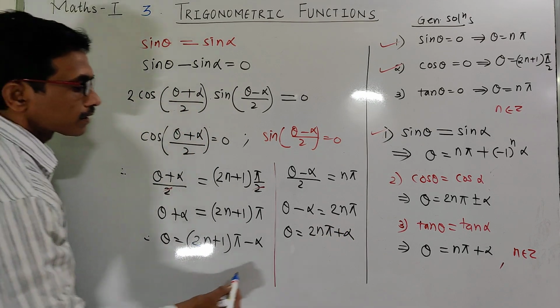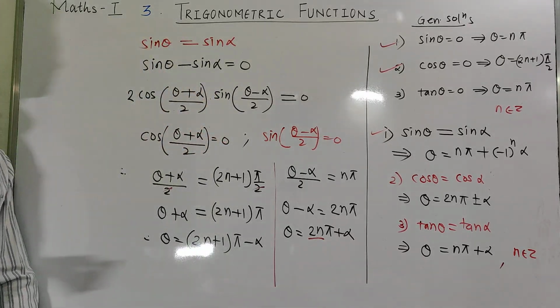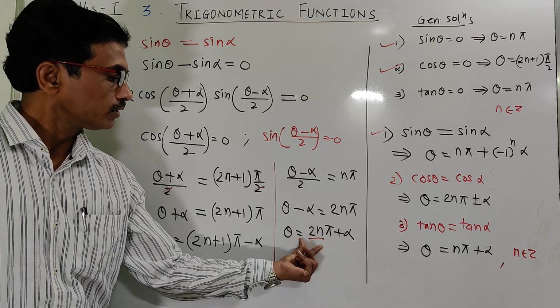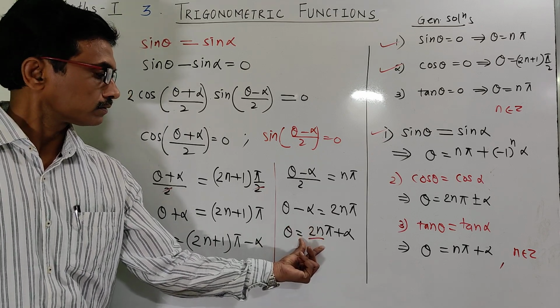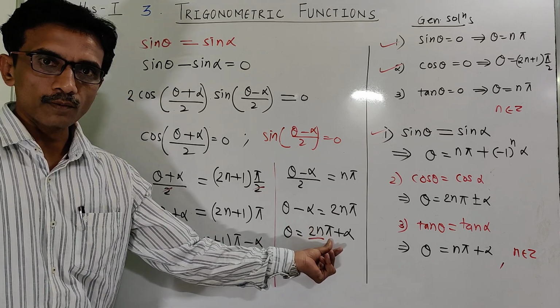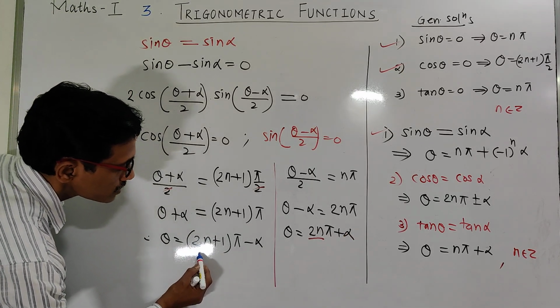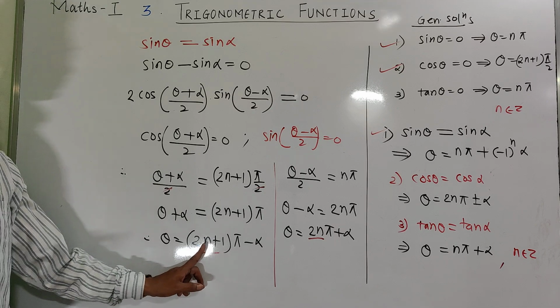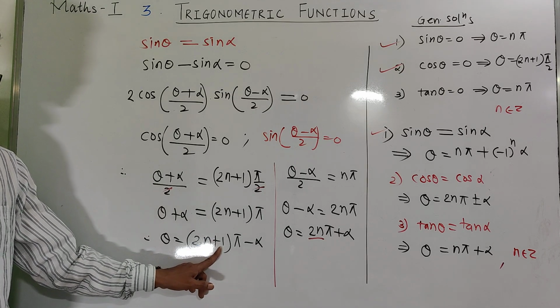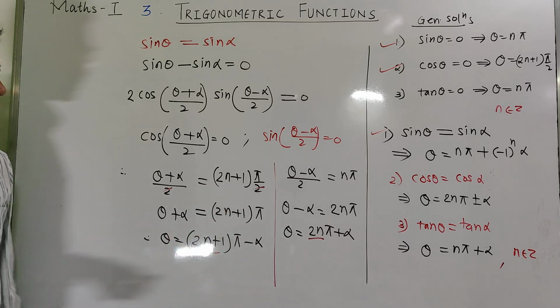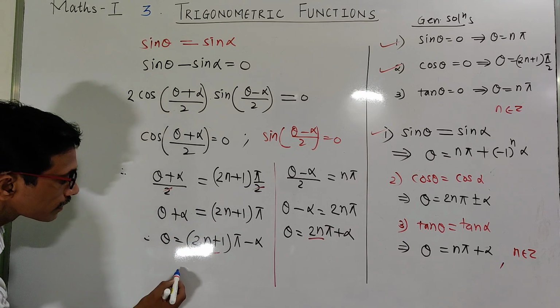You can observe here, n is an integer, so 2n is what? Even. N is an integer, 2 into n is an even multiple of pi, plus alpha. Now n is an integer, so 2 into n is an even integer, plus 1 is an odd integer, into pi, minus alpha. So what can we write here?